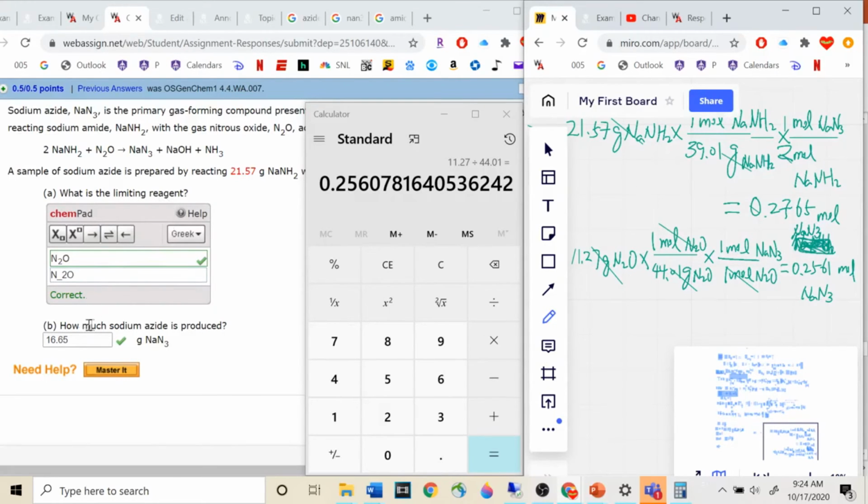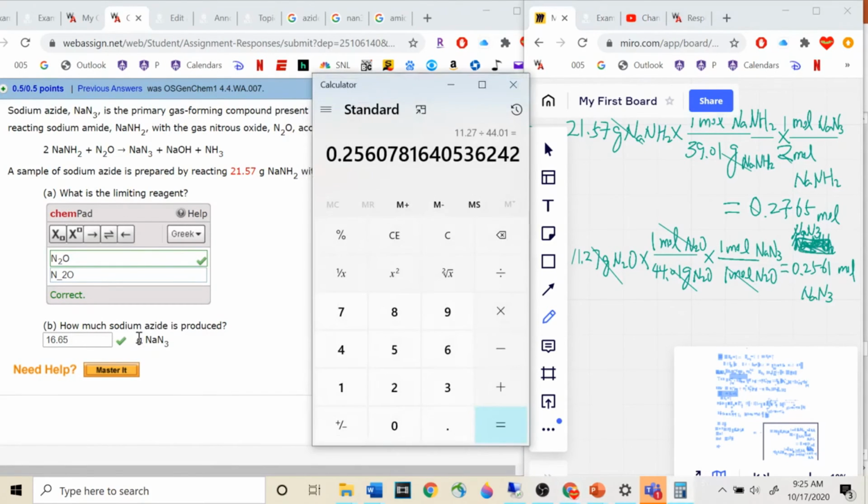Now the second question is how much sodium azide is produced. We already know the number of moles of the desired product. We just simply convert from the number of moles to grams of sodium azide using the molar mass of sodium azide.